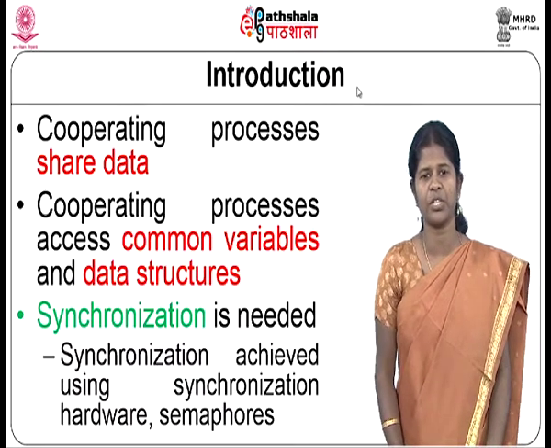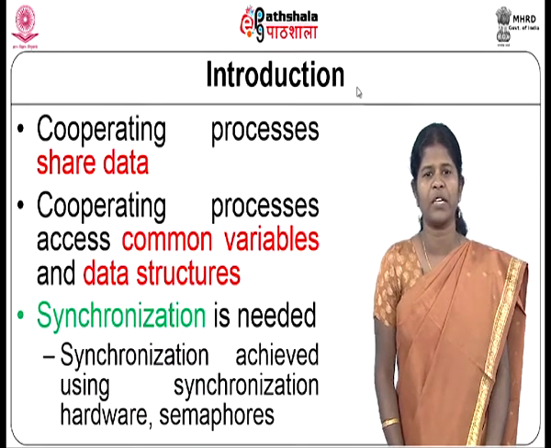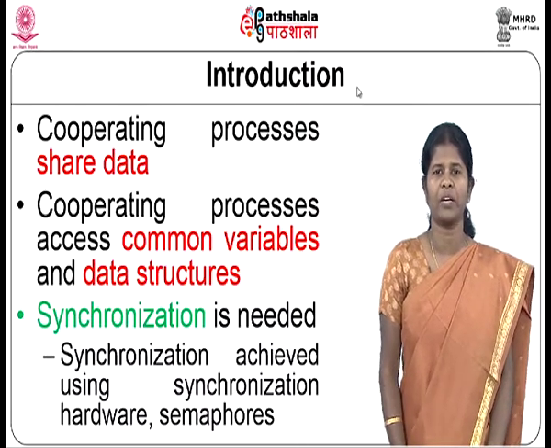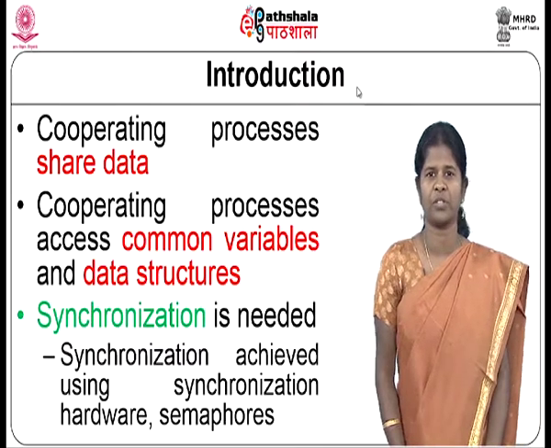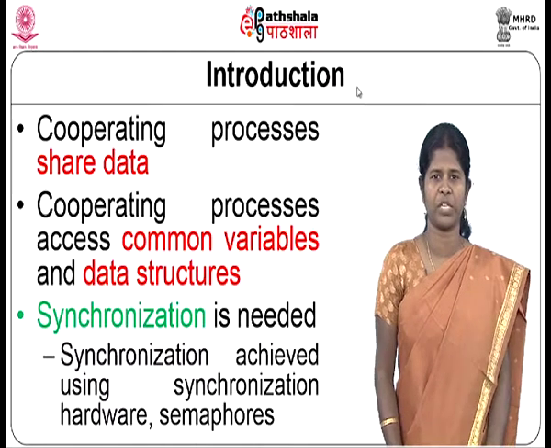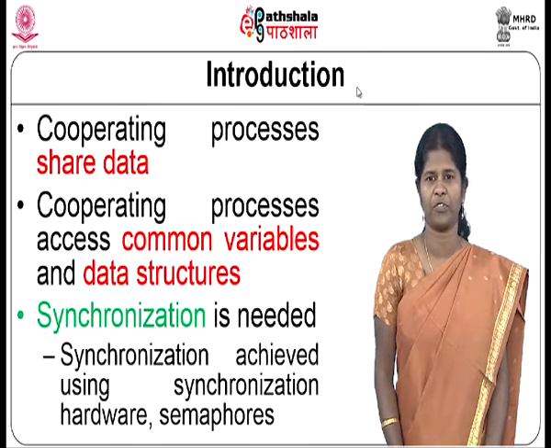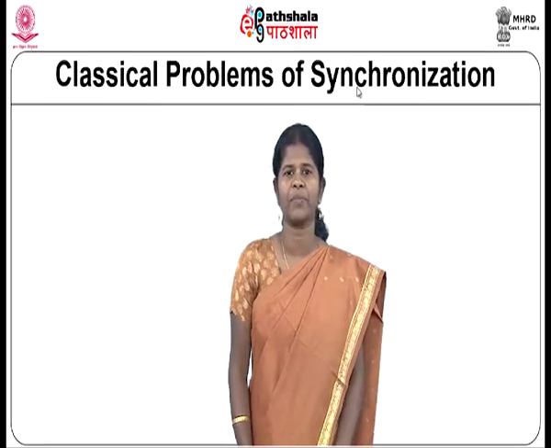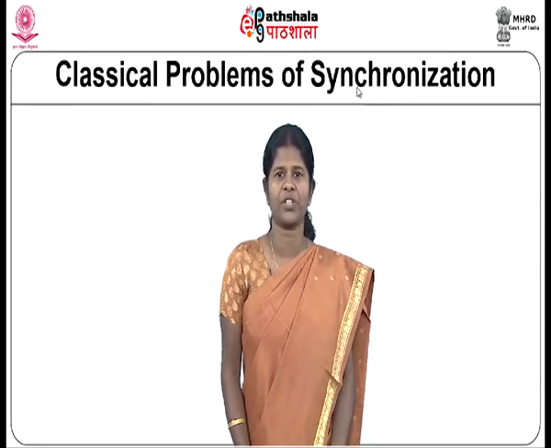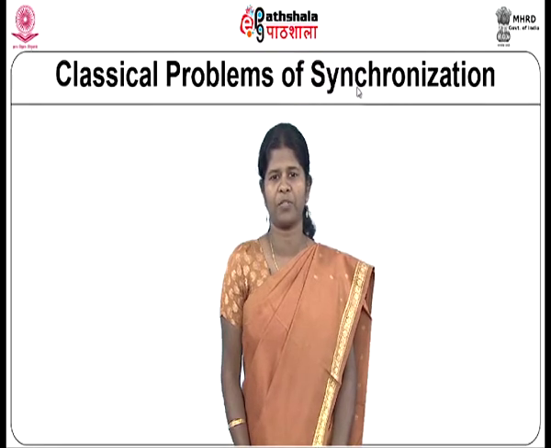Synchronization between processes can be achieved through synchronization hardware or through semaphores. We have seen how synchronization is achieved through these, and in today's class, we will see how these classical problems of synchronization are solved using semaphores.